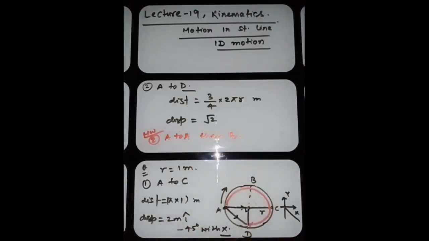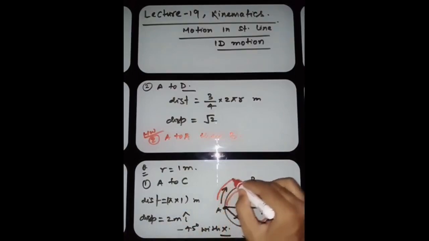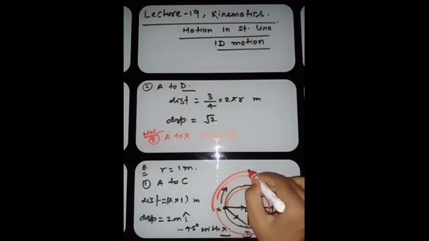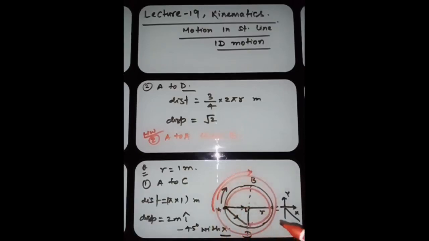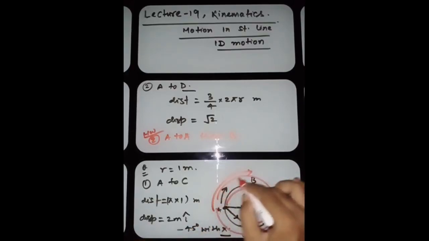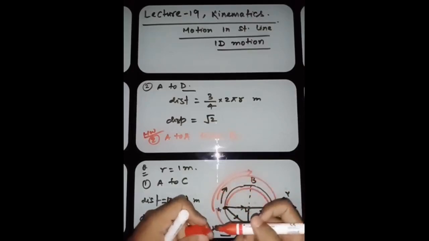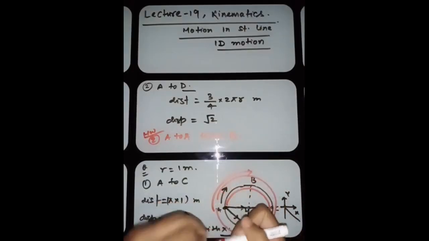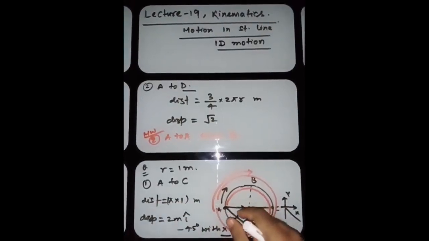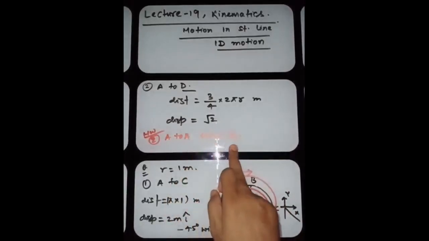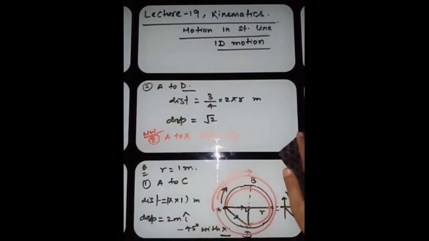A to A then B. Monty completes one rotation A to A and then covers another motion, it is B. This is the extra displacement. You have to find distance and displacement. That is one complete rotation and then goes to B. Okay, my dear students, so you have to solve distance and displacement in this way. Okay, let me wrap this one.